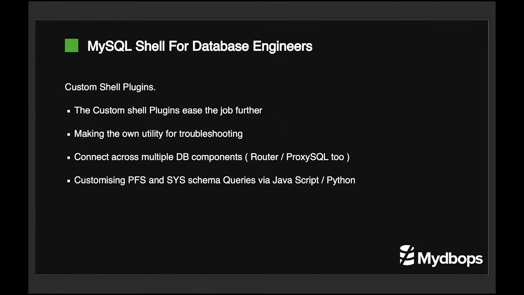We have to go through schema views, and in some cases you have to join multiple tables to get the needed inputs. So instead of copy pasting it or having it as a procedure inside MySQL, now we can have it in the shell itself, and we can call it depending on the connection string we are using.